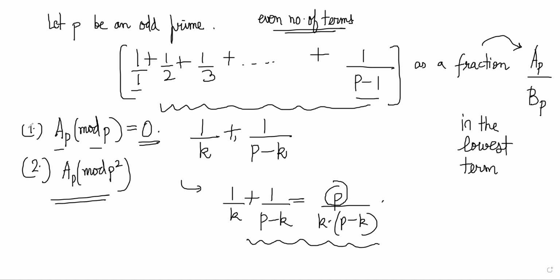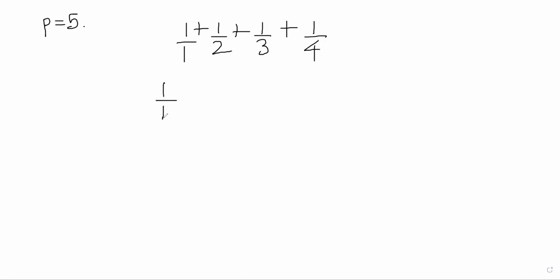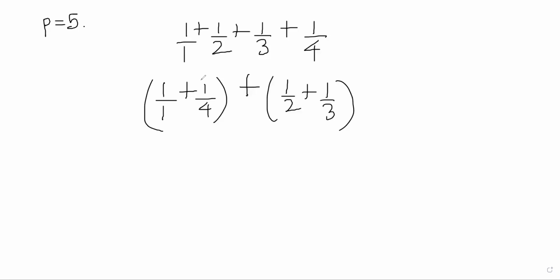For example, let P be an odd prime. So let's say P is 5. Now think about it. What is the expression? 1 plus 1/2 plus 1/3 plus 1/4. We had to go till P minus 1, right? So this is my expression. Now let's group it together nicely. So we'll say 1/1 plus 1/4 together and 1/2 and 1/3 together. So this becomes basically 5/4 and this becomes 5/6.